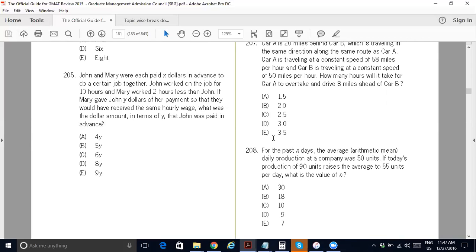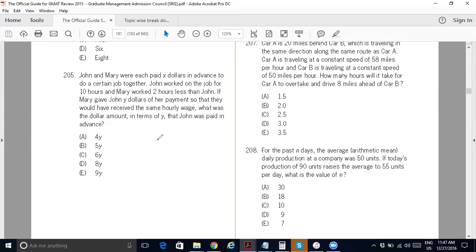Yes. And then if I'm thinking of it in your method, so on one side I will write, does the middle number become 55? Correct. Why does it become 55?